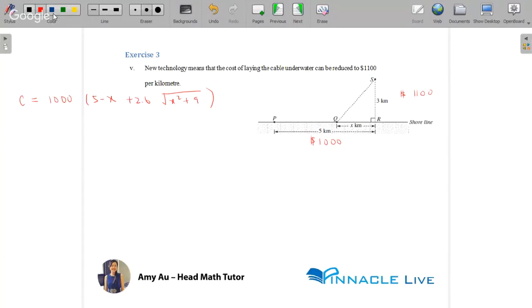So what would be the part that this affects? Well, $1,100 is now the new underwater cost, and the previous one was $2,600. That's where it came from. So, I mean, don't need to rebuild everything. Just replace that with 1.1, right? That's the effect of this.